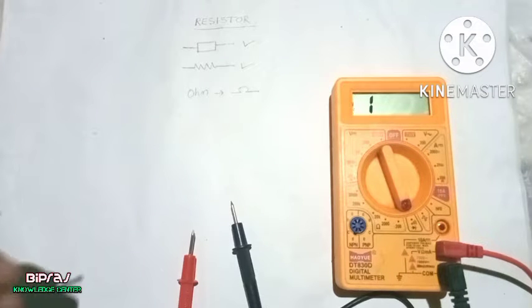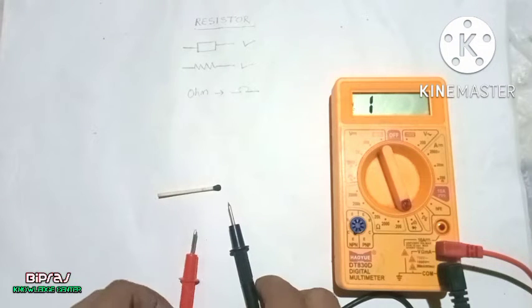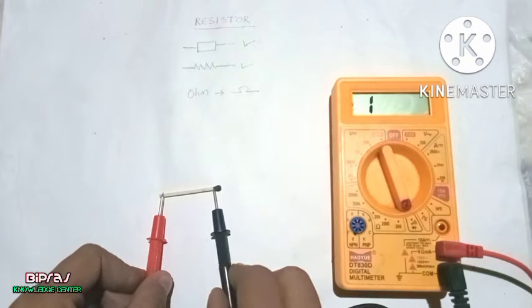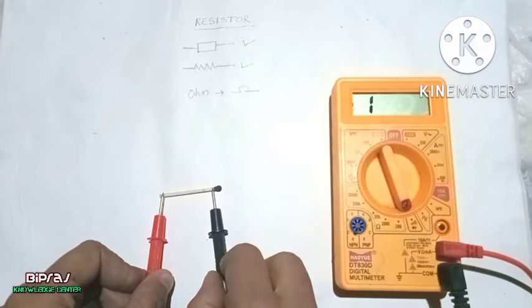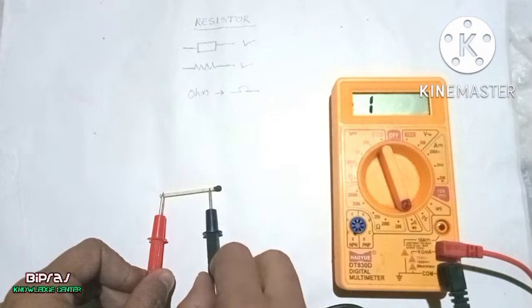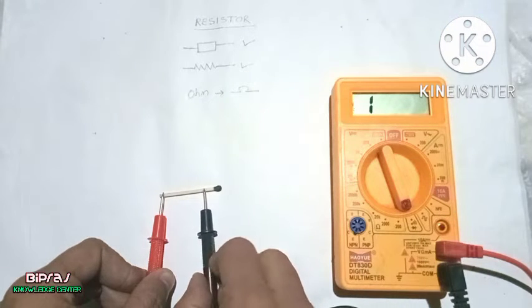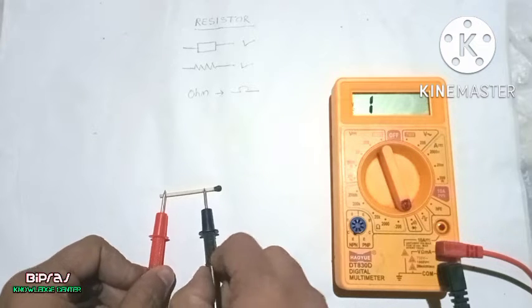Now we have a matchstick. Let's check its two ends. You can see the value is not changing and it is constant at 1. That means it provides an infinite or very large amount of resistance to the flow of current.